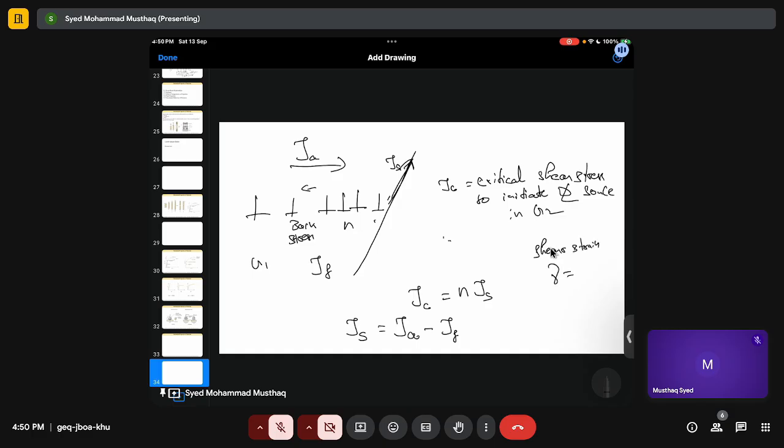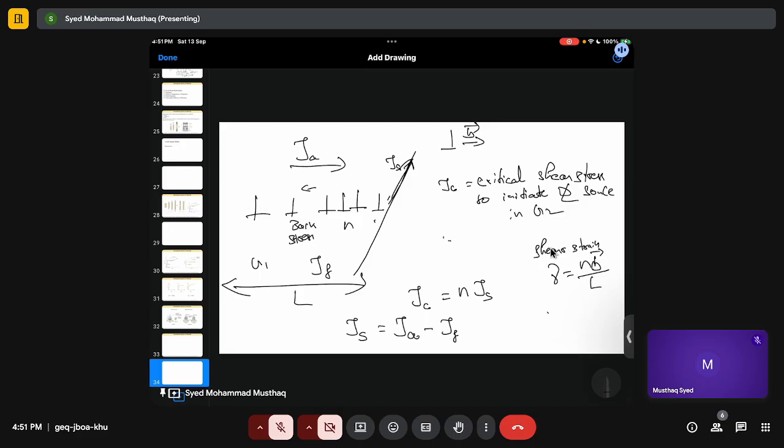Shear strain will be equal to the amount of movement in atomic planes. Each dislocation can move one Burgers vector at a time, right? So b, and if there are n dislocations, then nb upon the total length they are moving, L.